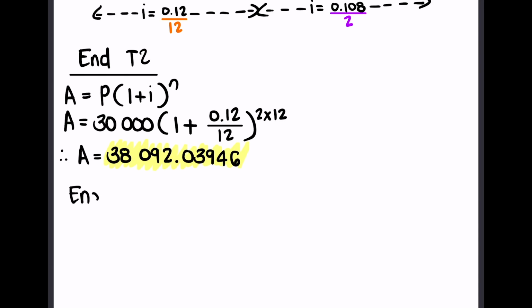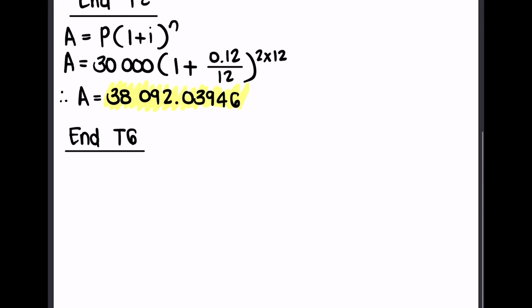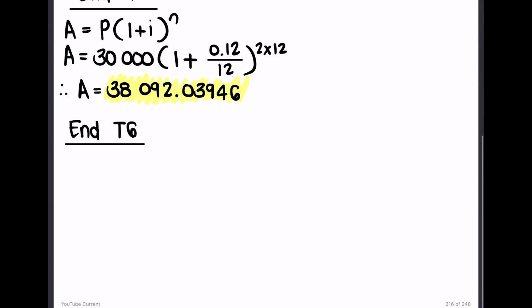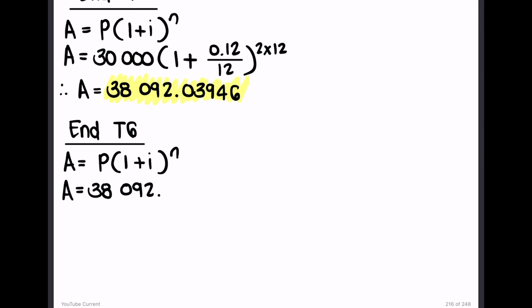So I'm going to have the end of term 6. At the end of term 6, the interest rate changes, but nothing is being deposited or withdrawn. So A is equal to P, open brackets, 1 plus I raised to the power of N. So A is equal to, I take my A value, which becomes my P value, 38,092.03946 into 1 plus the interest now is 0.108.